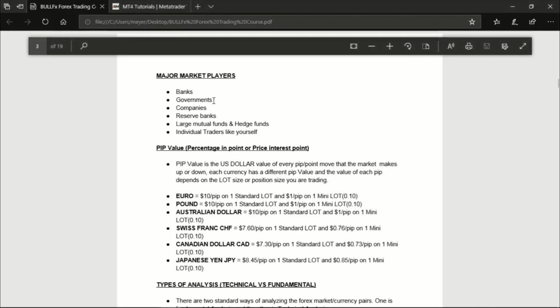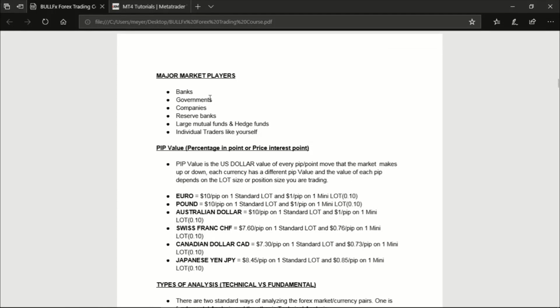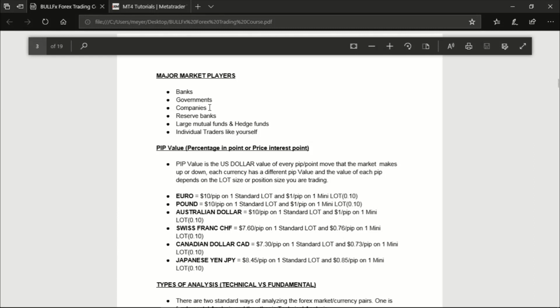Governments, this would be governments that are buying currencies in order to do trades with other countries. The same with companies, those would be companies buying currencies from other countries in order to do trade with other countries.